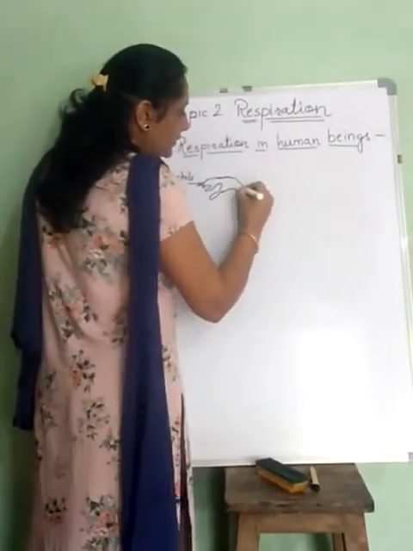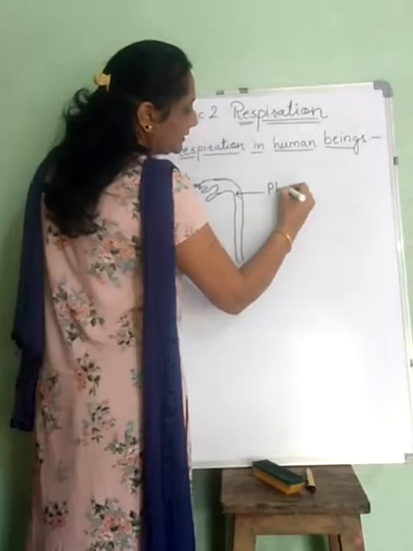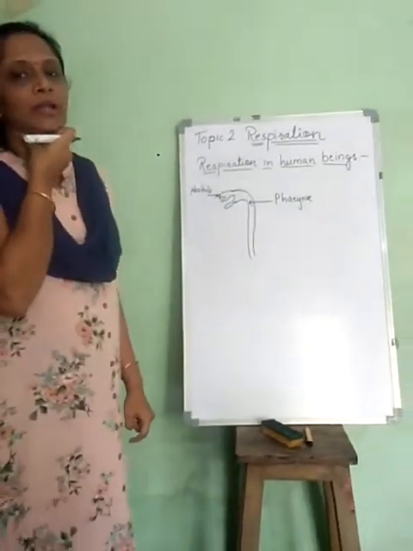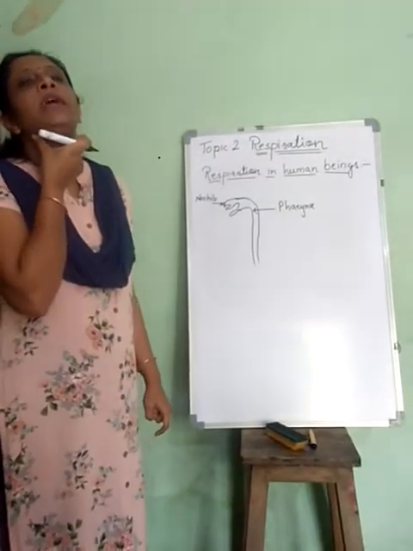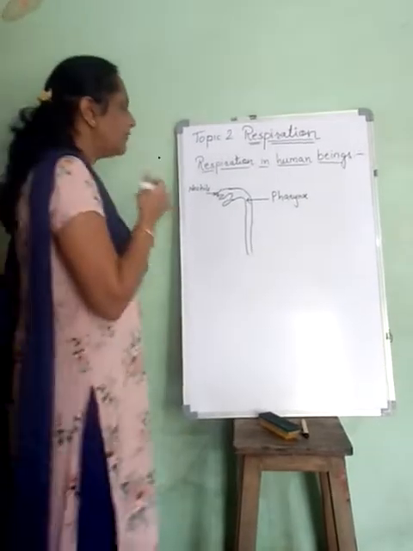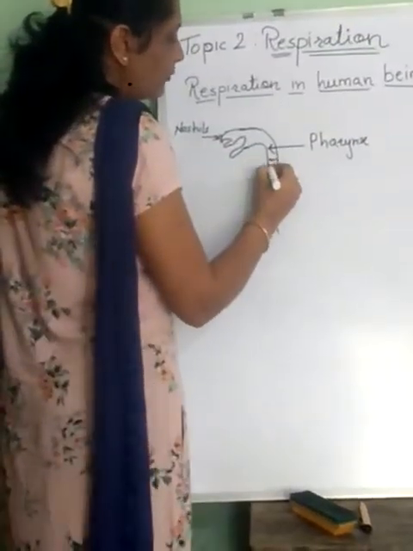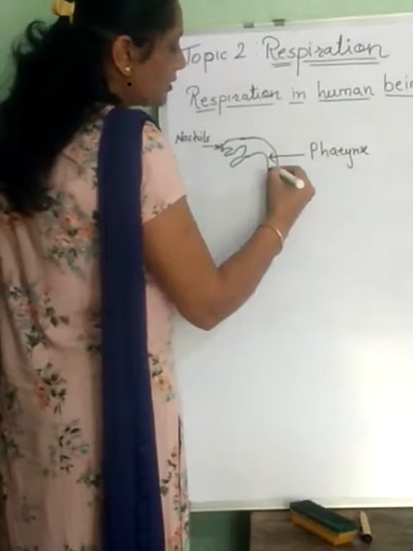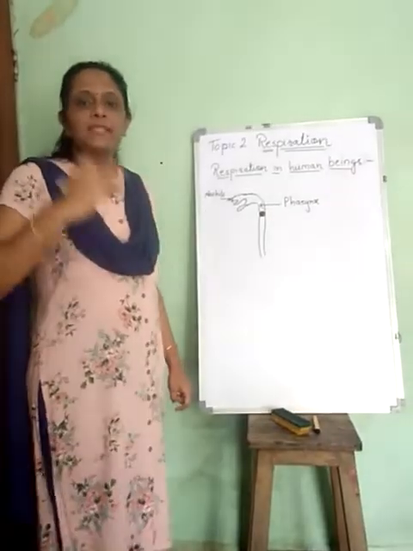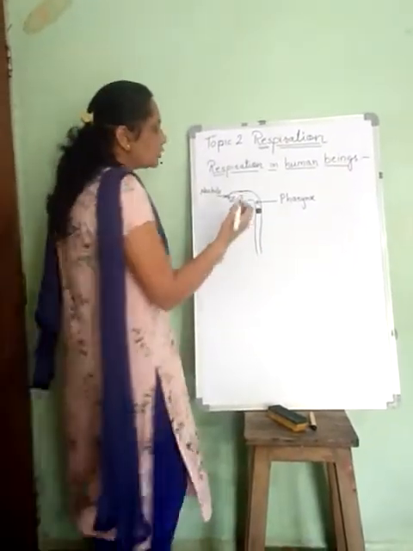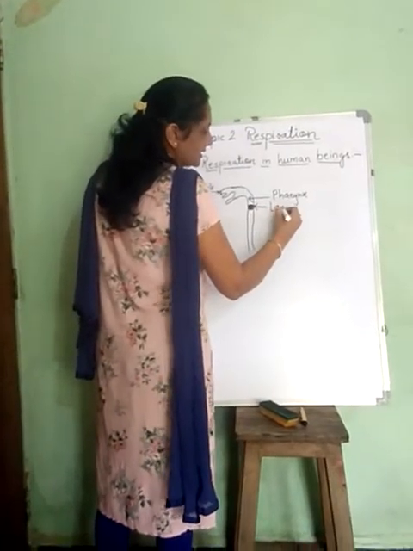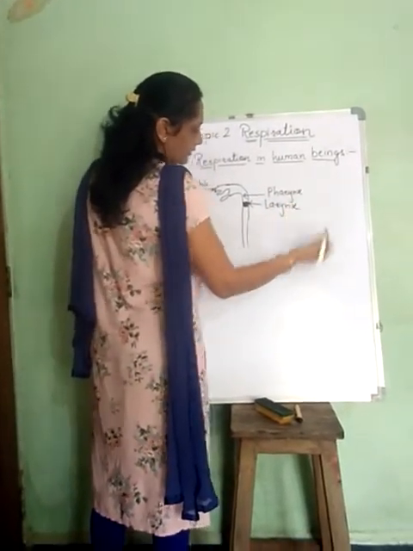The first upper part is called the pharynx, which is exactly below the buccal cavity. After that, below it, a small box-like structure is present, on which the air strikes and sound is produced, and that is called the sound box, or the larynx.